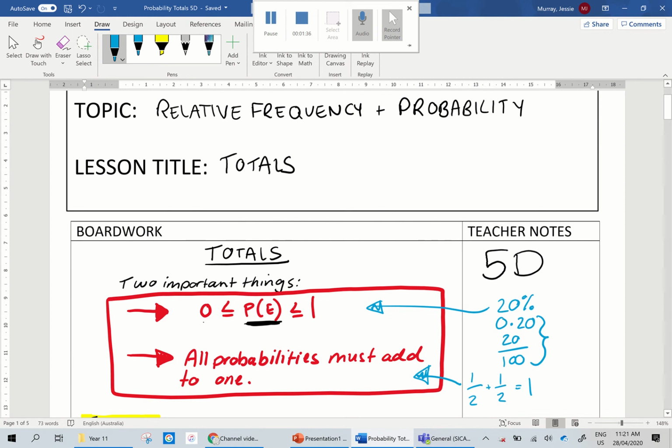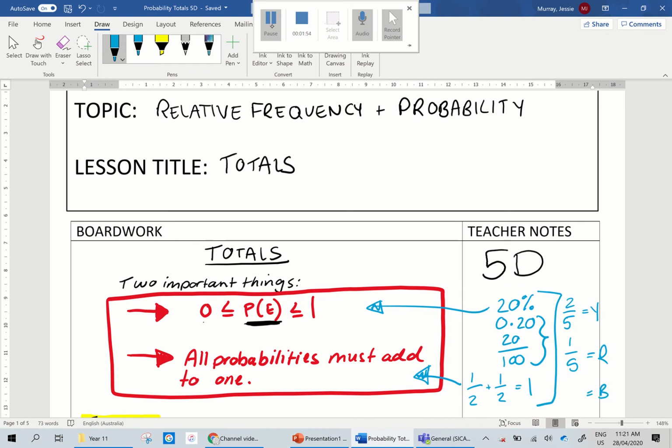Let me ask you this then. If I said to you, okay, we've got a bucket, the probability of getting a yellow is 2 in 5. Probability of getting a red is 1 in 5. So what would be the probability of getting a blue? You say, well, I know all probabilities have to add to 1.